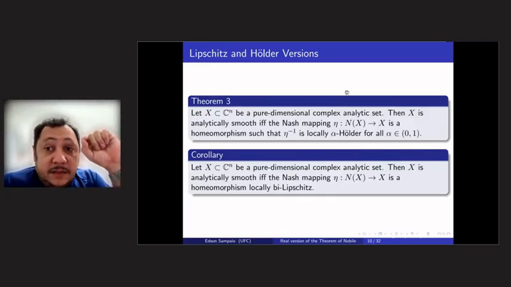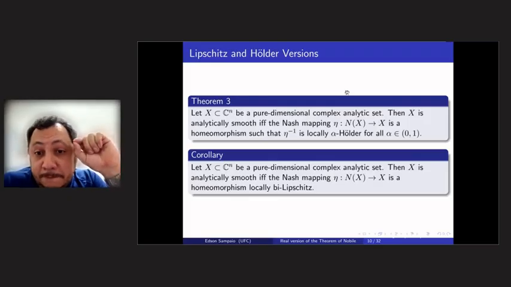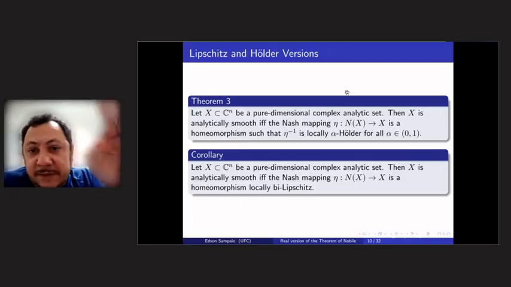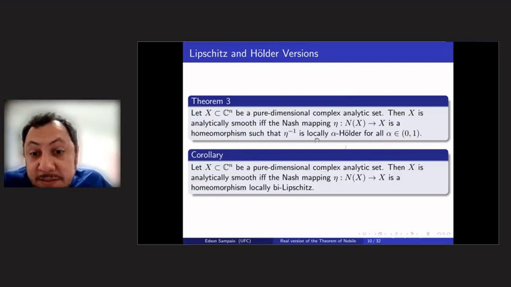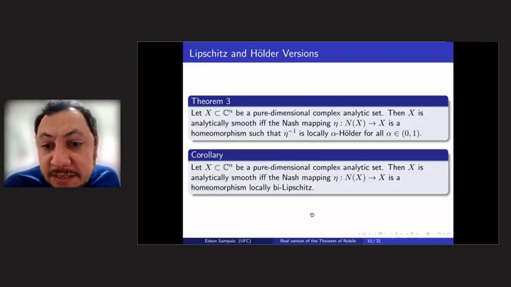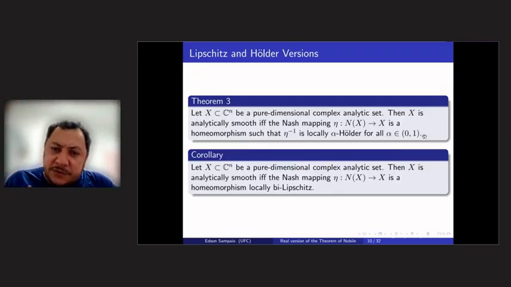Please note that in the Nobile theorem, he asked that the inverse of eta is analytic, so it is in particular locally Lipschitz. It's C infinity in particular, so it's in particular Lipschitz and also alpha-Hölder for all alpha. But what I'm answering here is that if it is alpha-Hölder for all alpha, this also implies that X is a submanifold. In fact, I showed this is the sharp condition. You cannot ask less than this.